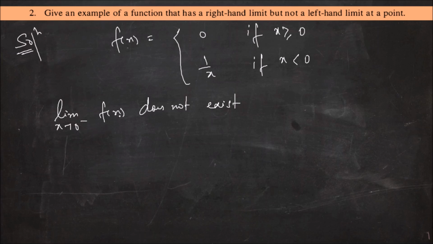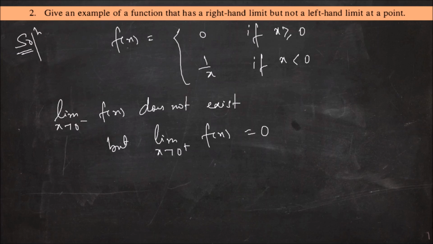Then limit x tends to 0 negative of f(x) does not exist, but limit x tends to 0 positive of f(x) is equal to 0. This is constant when x is greater than or equal to 0. So when we approach from the right, we get 0 as the limit, and this becomes unbounded when x approaches 0 from the left.